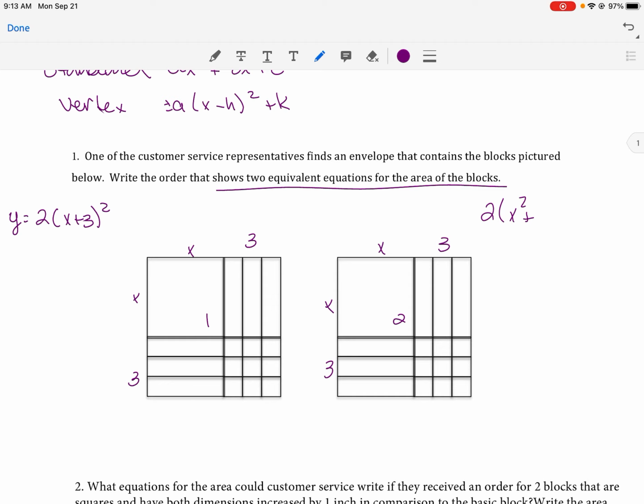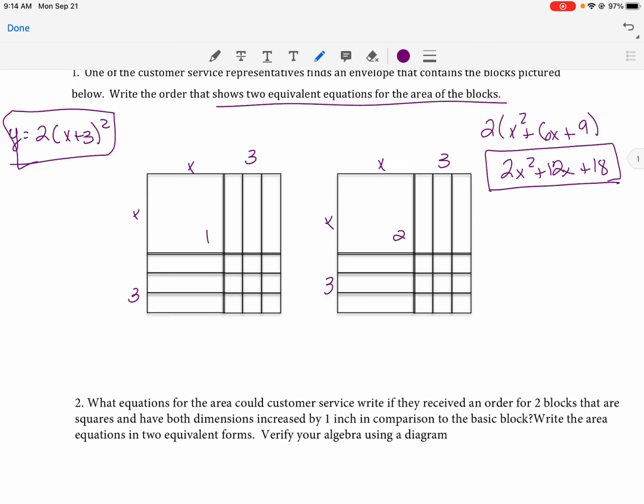So 2 times 3 is 6x plus our number in there squared, which is then 9. Then you multiply the 2 through: 2x squared plus 12x plus 18. Okay, here are our 2 equivalent equations for that.